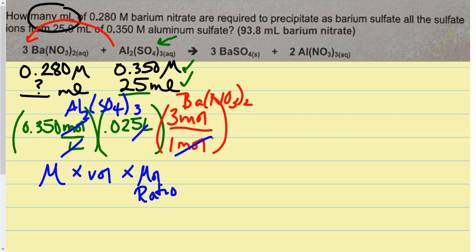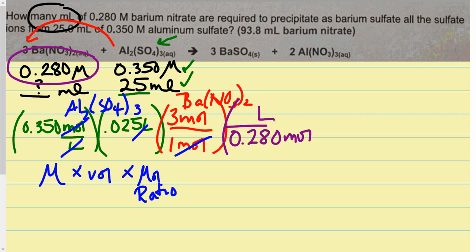So the only other piece of information that we have, and I will circle that in purple, is the molarity of the barium nitrate. So if we take that molarity and we flip it, and by flipping it, we have our 0.28 moles on the bottom, the volume liters, moles per liter, flips to the top.